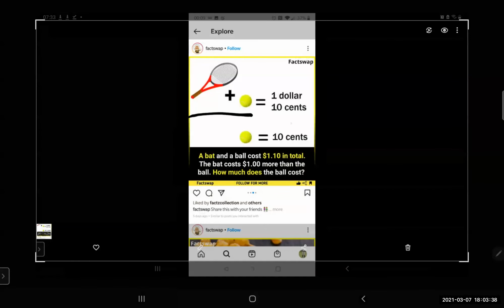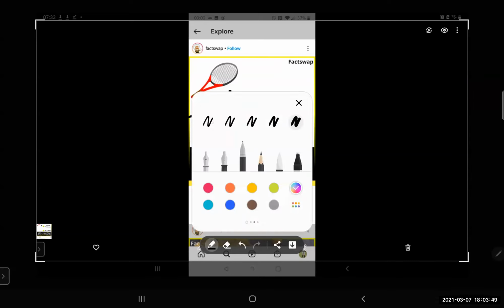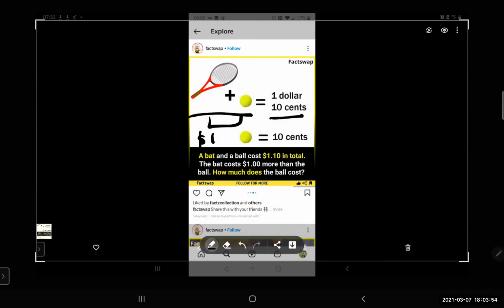Bat and ball cost $1.10, and the bat costs $1 more than the ball. So how much does the ball cost?